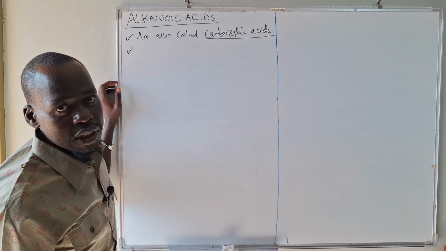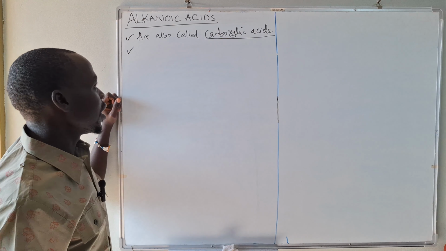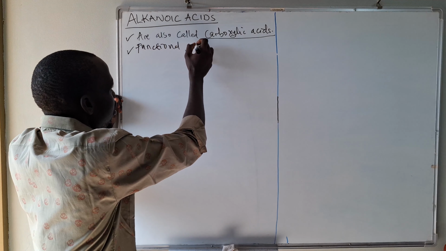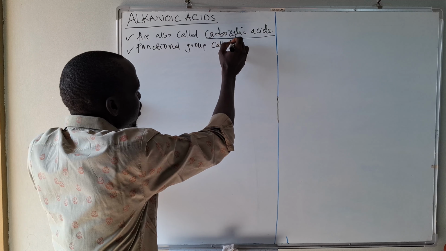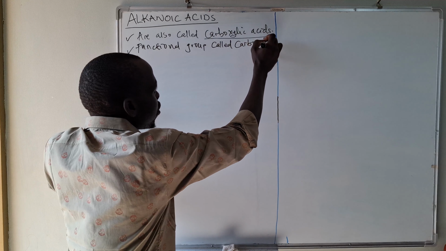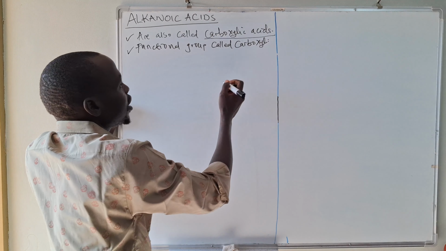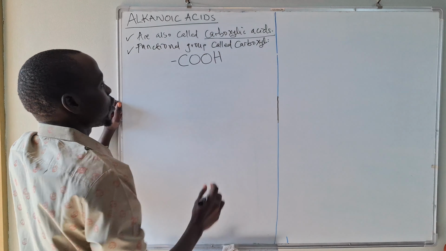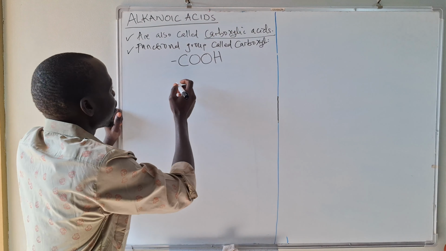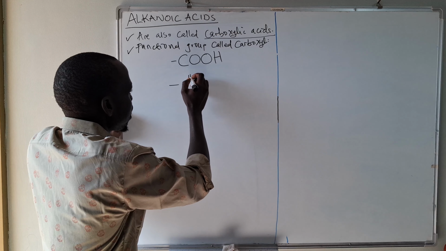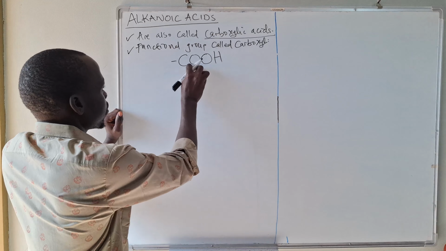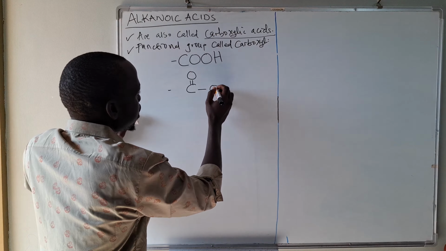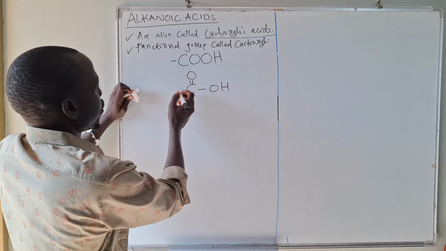Then another thing that we need to know about these alkanoic acids is that they have the functional group called carboxyl, and it can be written chemically as COOH, with a capital H. I can also write it like this, with a double bond, then OH, and then we show this other bond on this side.